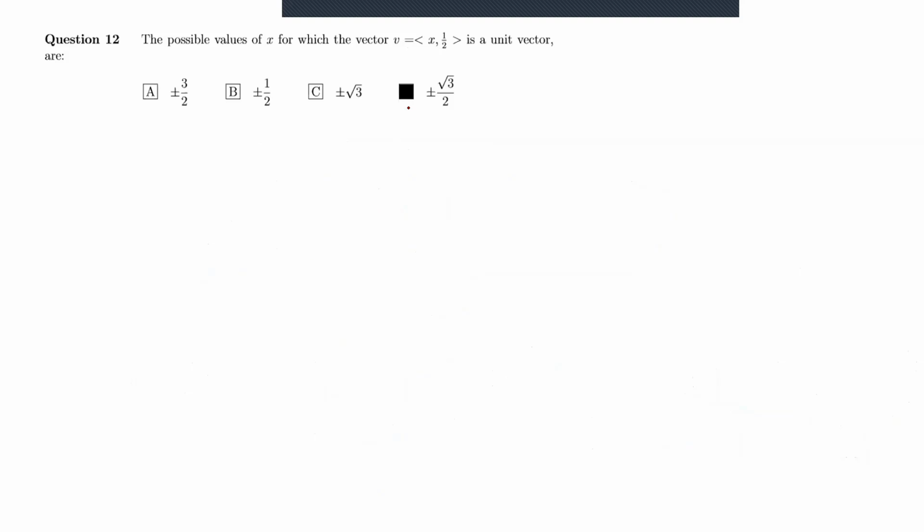What's a unit vector? So this is a vector. We want to find x such that it's a unit vector. By definition, a vector is unit when its magnitude equals 1. What's the magnitude of a vector?